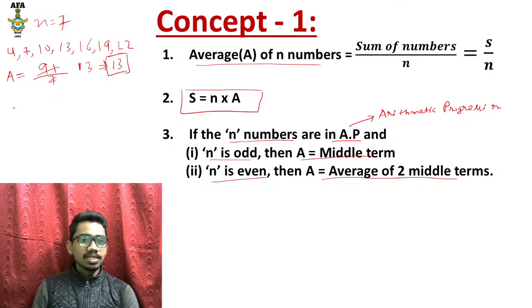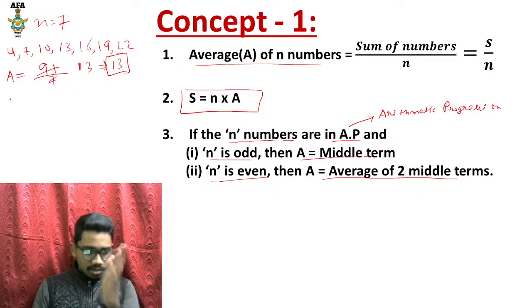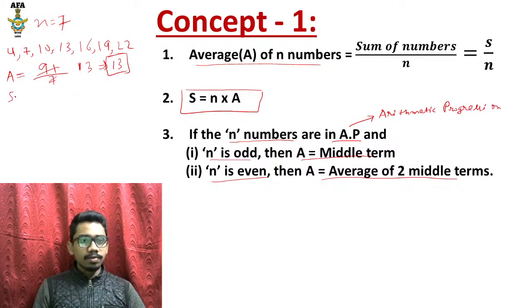And there is another series. Suppose the series begins from 5, 9, 13, 17, 21, and goes up to 25. This is an odd series.